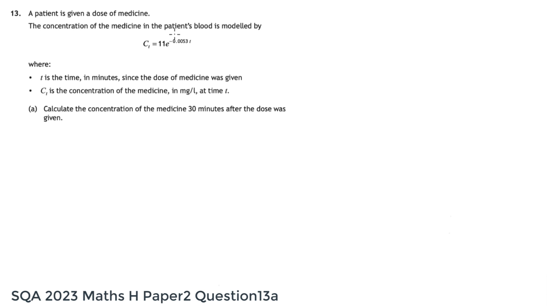So in this case we're asked to find the concentration. We know the time. So we must substitute t equals 30 into this formula to find what C of 30 is. What is the concentration after 30 minutes?